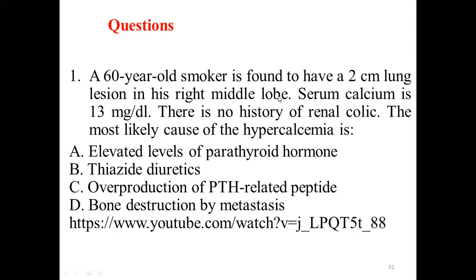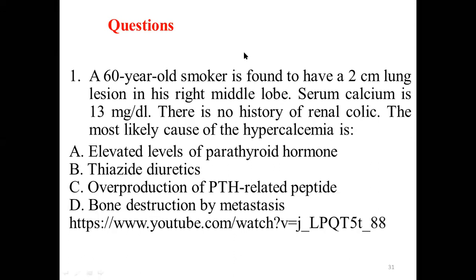There is a lesion in the right middle lobe, and the serum calcium level is 13 milligram per deciliter. There is no history of renal colic, and the most likely cause of this hypercalcemia is: A, elevated level of parathyroid hormone; B, thiazide diuretics; C, overproduction of PTH-related peptide; D, bone destruction by metastasis.